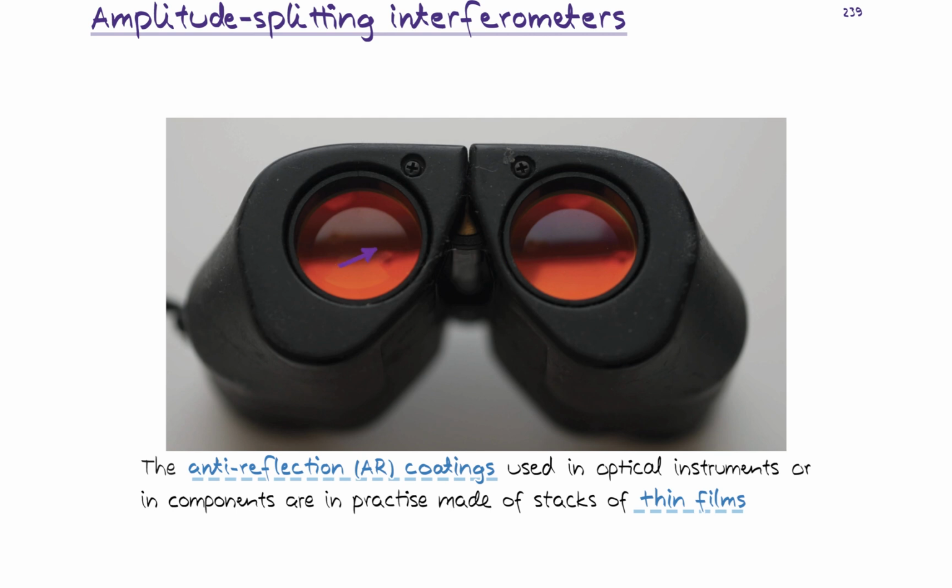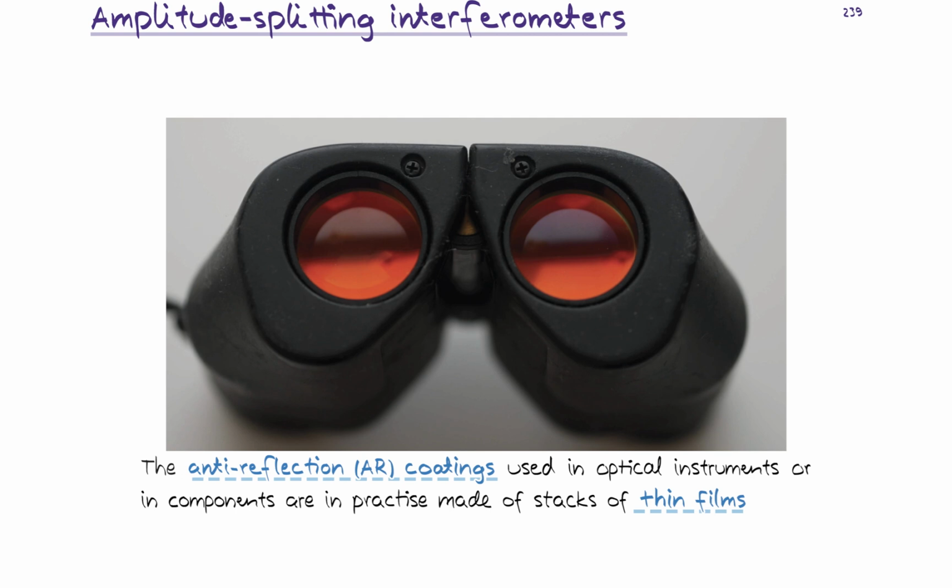This has been optimized by just putting some AR coatings onto the lenses. Correspondingly, when we are looking at the given view, these lenses actually look quite red, which is a good indication that there's some thin film magic taking place in these lenses. So this is an example where people have intentionally used thin film structures.